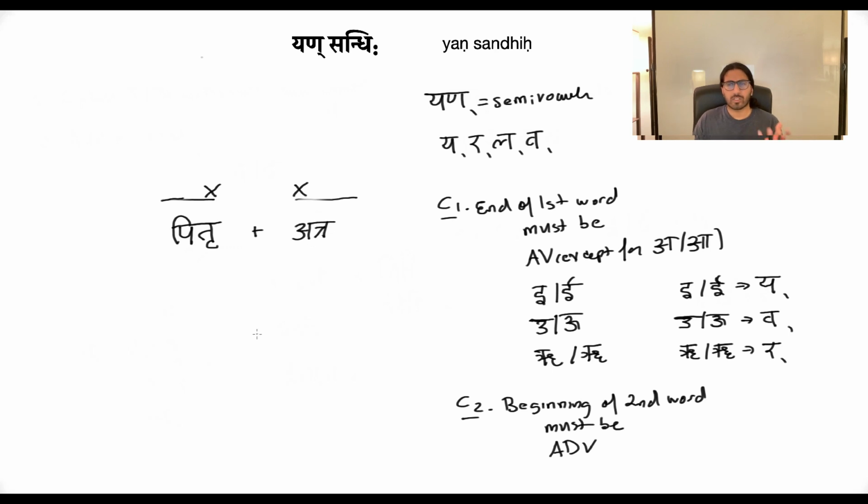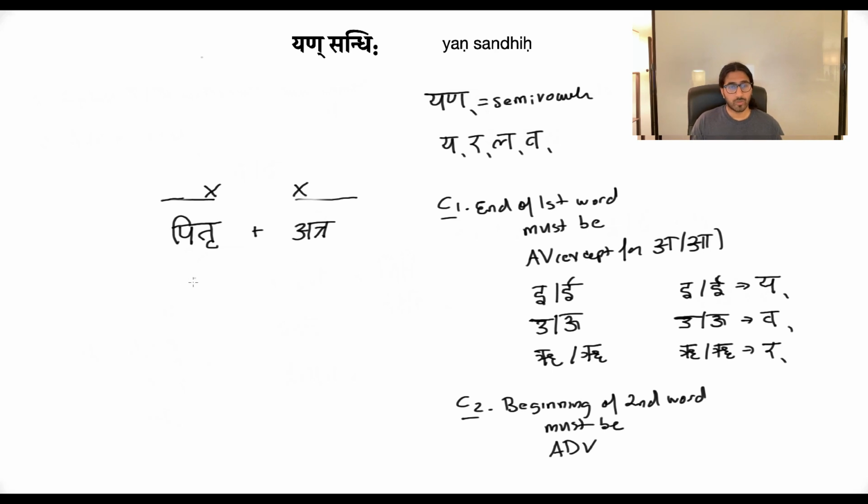A lot of these words I'm just putting together to show you what's going on with the yan sandhi. We don't need to focus so much on meaning. So pitru atra. Condition 1, the end of the first word must be any vowel except for a or a. Yes, it's ri. And second, the beginning of the second word must be any dissimilar vowel. Yes, it's a.